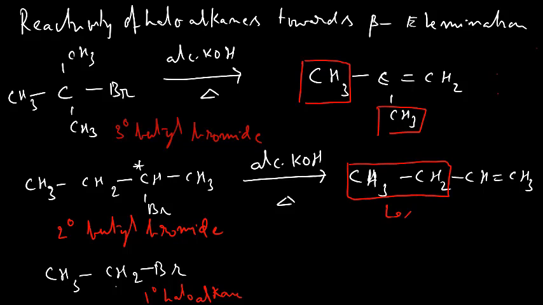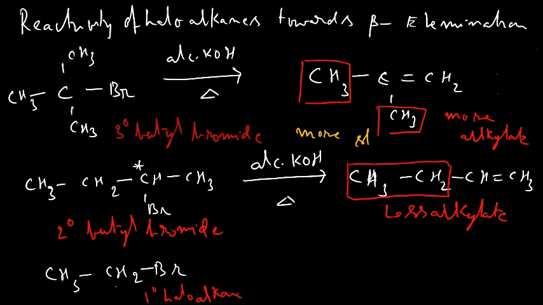So this is less alkylated because only 1 alkyl group is present on the doubly bonded carbon atom. This is more alkylated. The more alkylated alkene is more stable when compared to the less alkylated alkene.